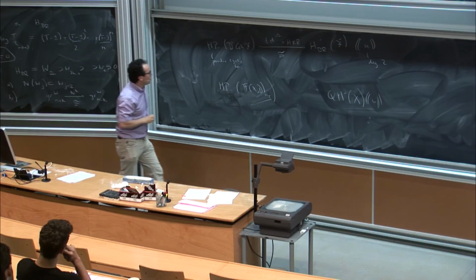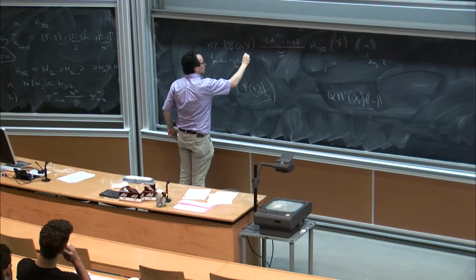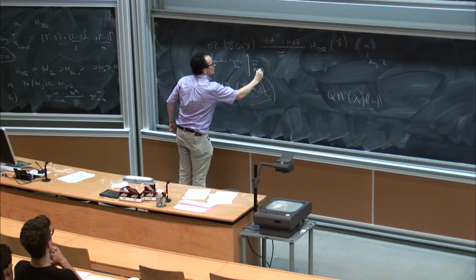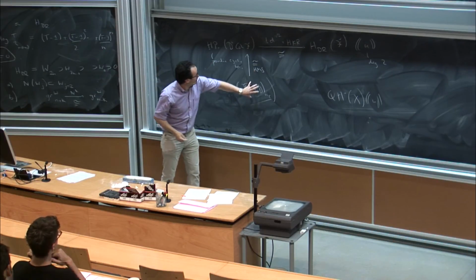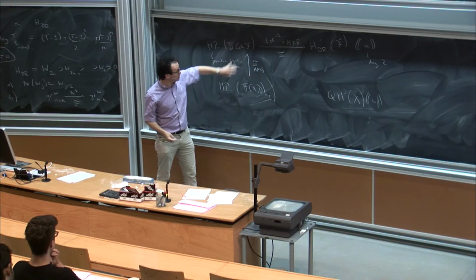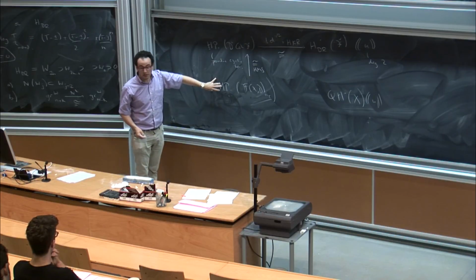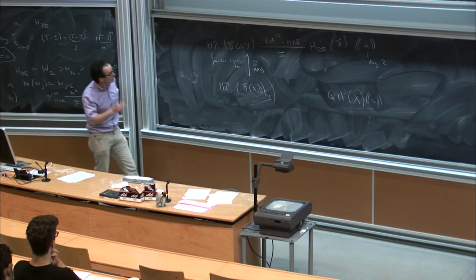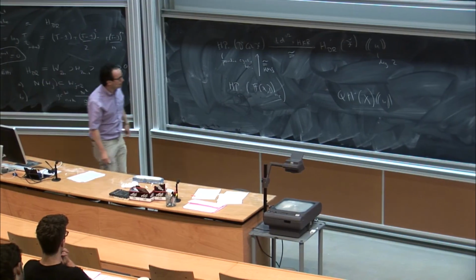And so homological mirror symmetry says that these categories are equivalent. So whatever periodic cyclic homology is, it's a categorical invariant. So equivalent categories have isomorphic periodic cyclic homology.